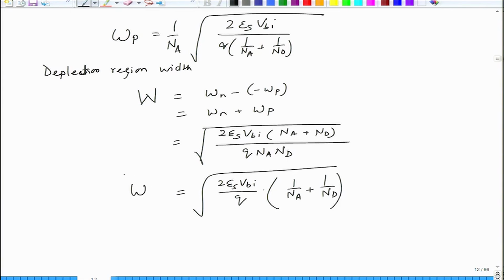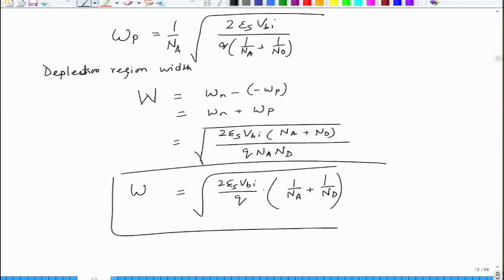This is the relation of charge density, or you can say acceptor and donor density, and the built-in electric field with respect to the depletion region width. So, what it tells you is that when the donor and acceptor density increase, the W goes down.